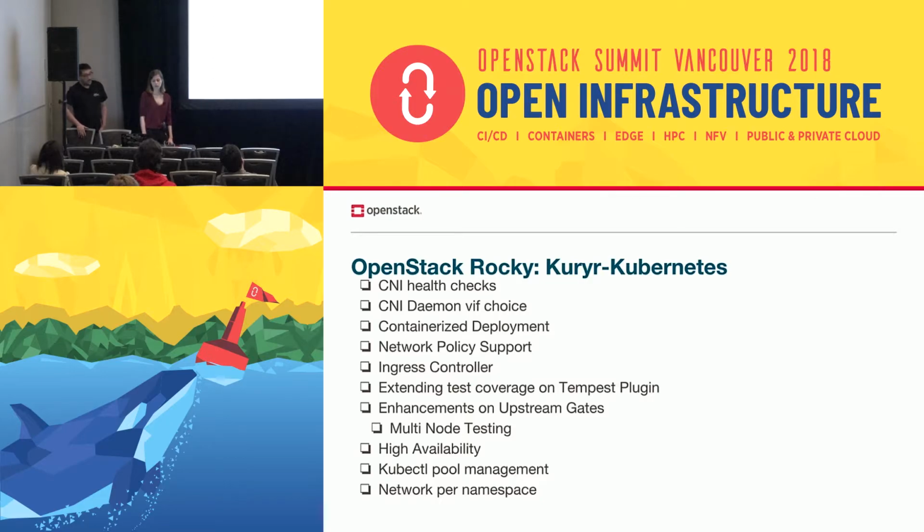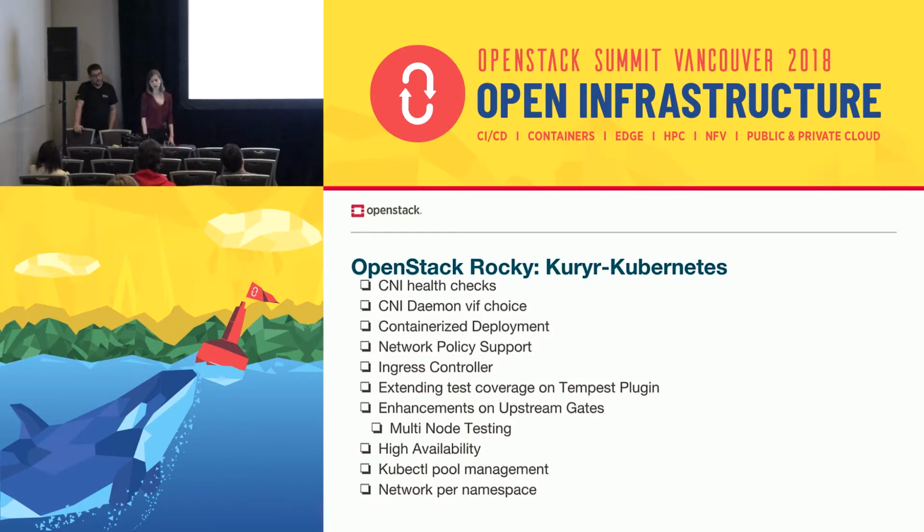And also we are adding Kuryr in containers, deploying Kuryr in containers. And also the network policy support, which we are doing by leveraging the security groups resource from Neutron.